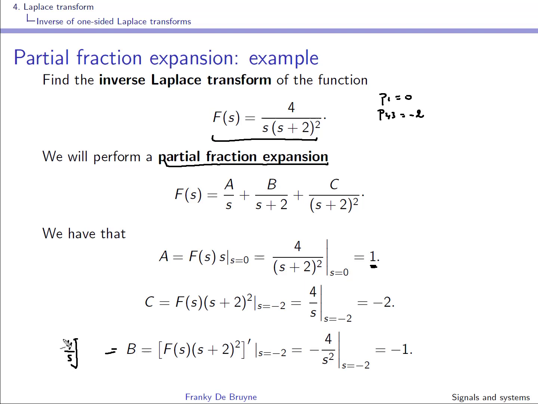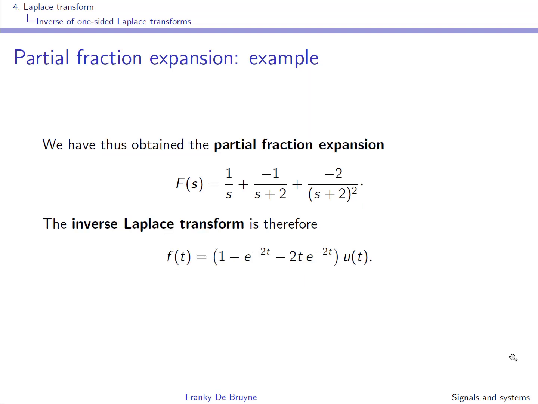We take the derivative with respect to s and evaluate it at s equal to -2. The derivative here is -4 over s squared. We evaluate this at -2 and we have -1. So this is the partial fraction expansion that we have obtained once we have plugged in a, b and c.